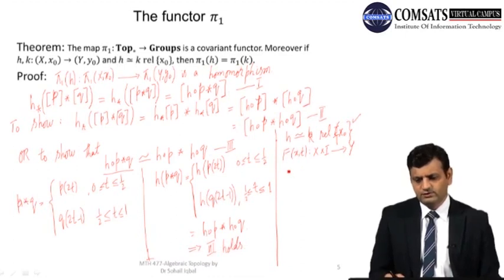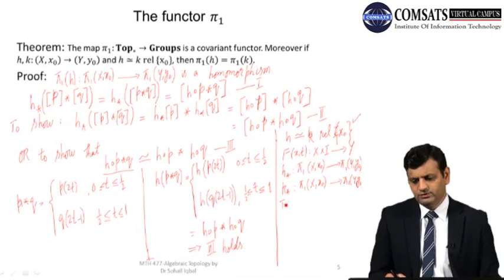In other words, we have to show that h lower star from π₁(X, x₀) to π₁(Y, y₀), and k lower star from π₁(X, x₀) to π₁(Y, y₀), are the same maps.